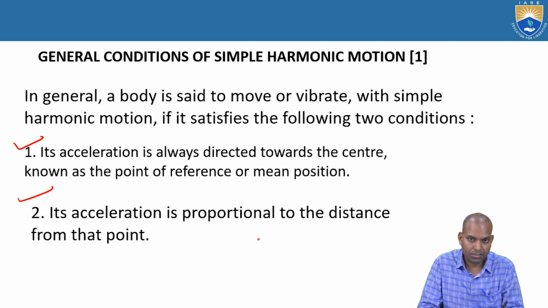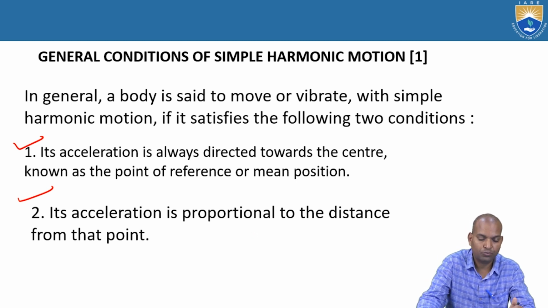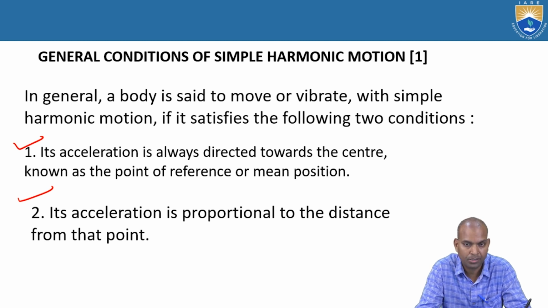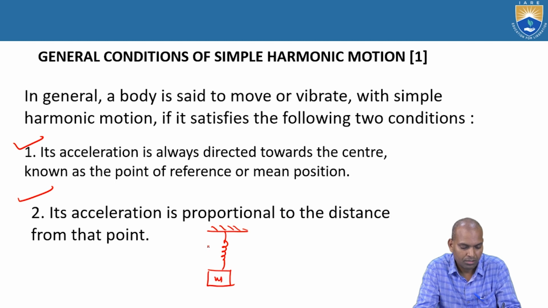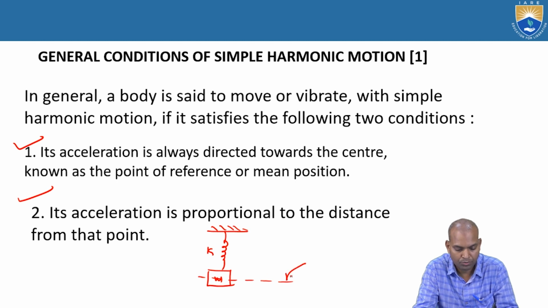In order to explain simple harmonic motion, there are two best examples: one is the spring mass system, and another is the simple pendulum. Considering the spring mass system, the spring has a stiffness of K. This is the equilibrium position or mean position.